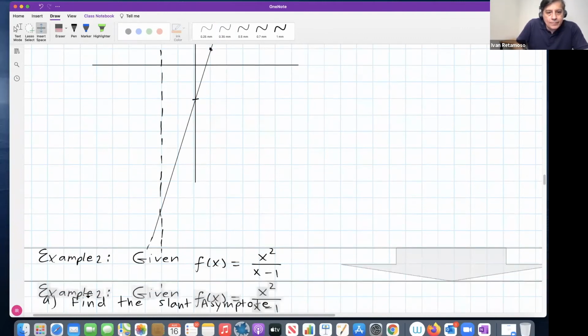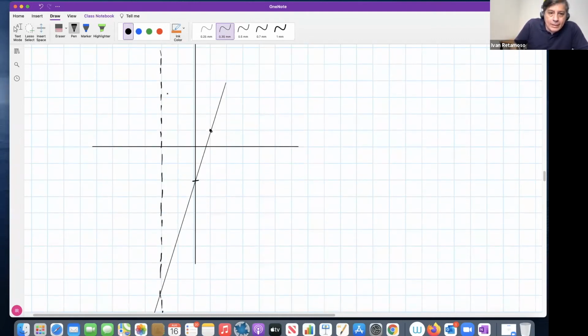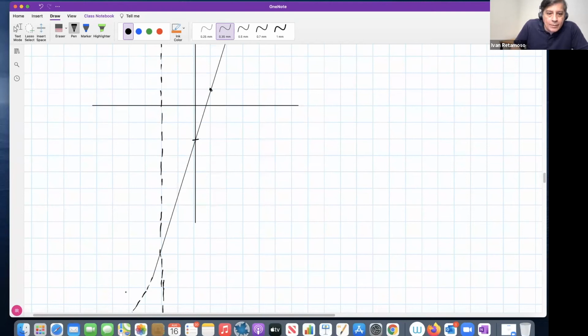So, in order to graph this, use test points, right? We know that the curve could be asymptotic here and here, perhaps, right? Because asymptotic to this slant asymptote, asymptotic to this vertical asymptote, or perhaps could be asymptotic here, here, and here. In order to know which curves you have to take, just like we did before, use some test points. For example, if you look at the test point 0, right?